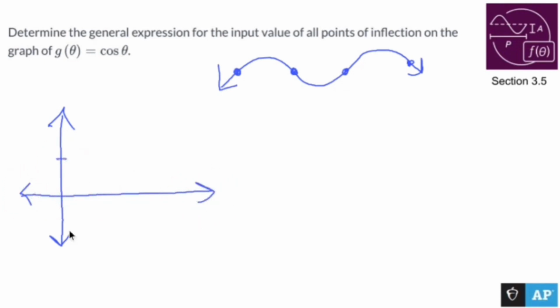Cosine starts up here at 1, bottoms out at -1. It starts up here, hits the x-axis at pi over 2, bottoms out, comes back up to pi, comes back up and hits at 3 pi over 2, and then repeats the process at 2 pi.